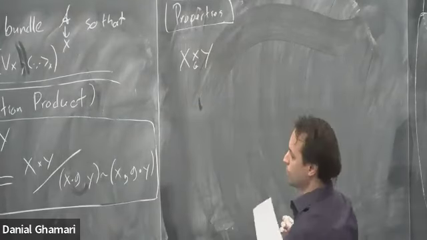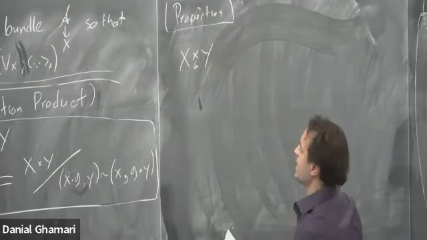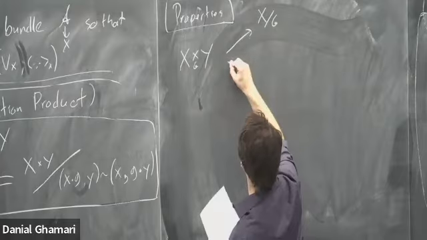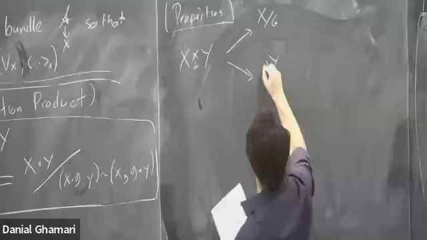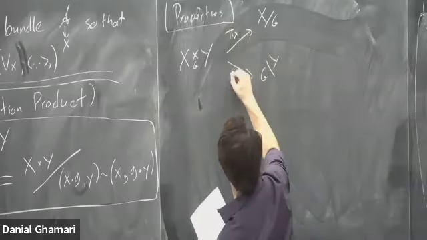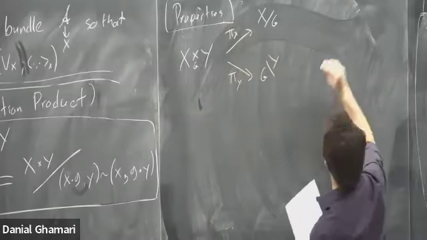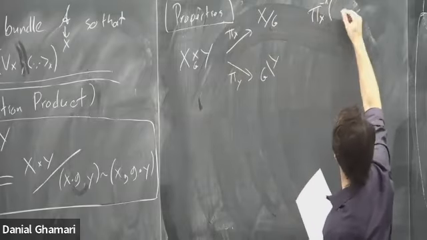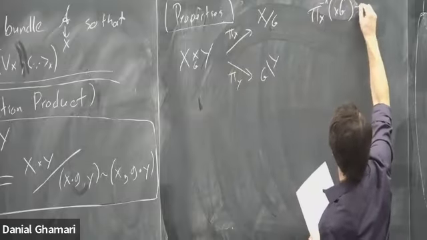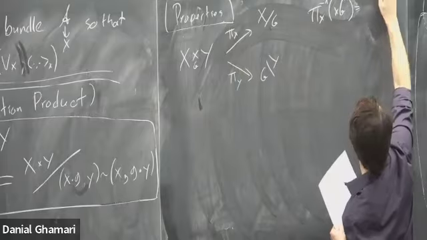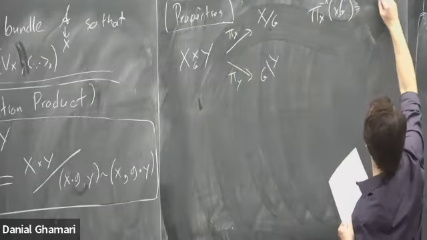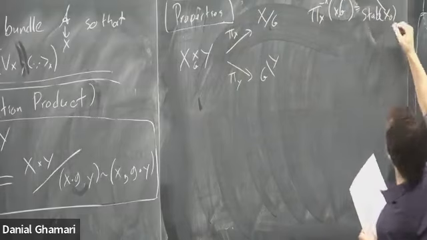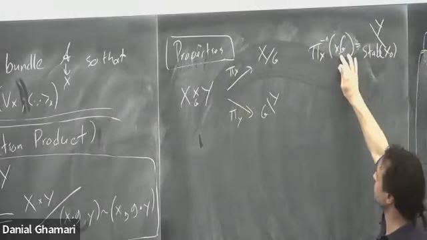You can't project to X or Y in a well-defined way, but you can project to their quotients by G. So we have X mod G, and we have Y mod G on the left. And in particular, if you take pi_X inverse of any orbit, this is actually equal to Y modulo the stabilizer of x_0, so all elements of G that fix this particular x_0.